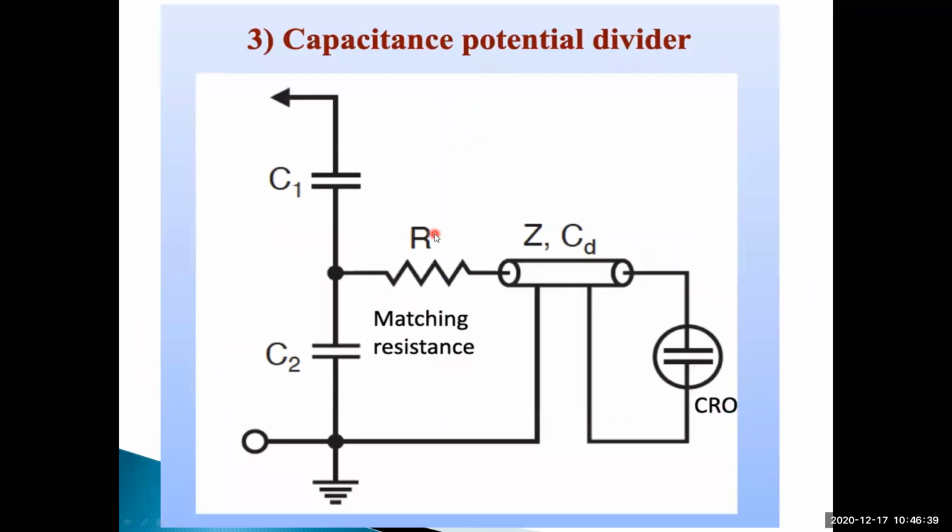Next, the capacitance potential divider. I have completed the resistance divider, and next is the capacitance potential divider. Here this is the input side, same as the resistance potential divider. This is capacitor C1 and this is capacitor C2.